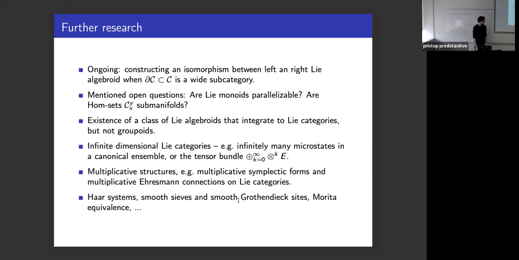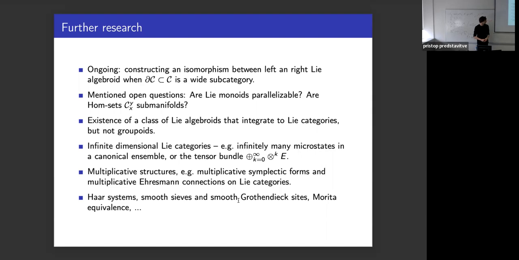So there's a connection between the two, and in that case, you automatically yield an isomorphism between left and right Lie algebroids, because that's the case for local Lie groupoids.